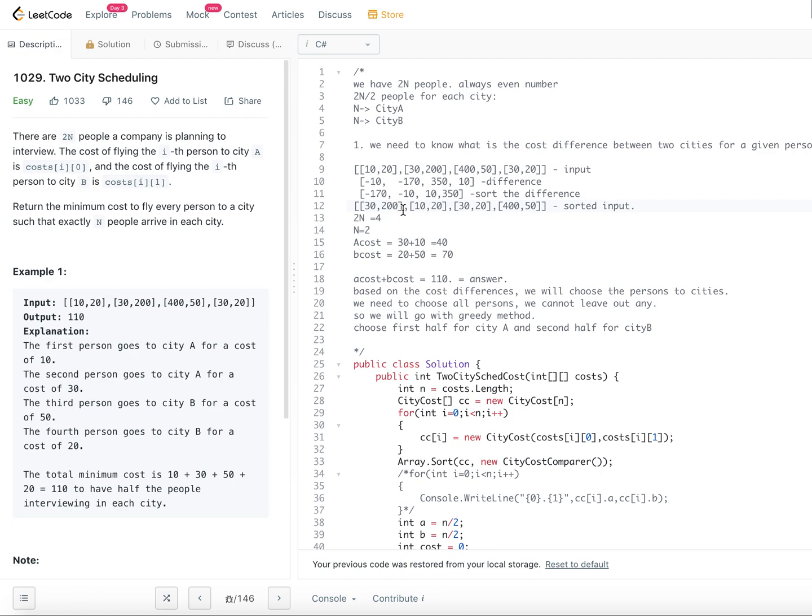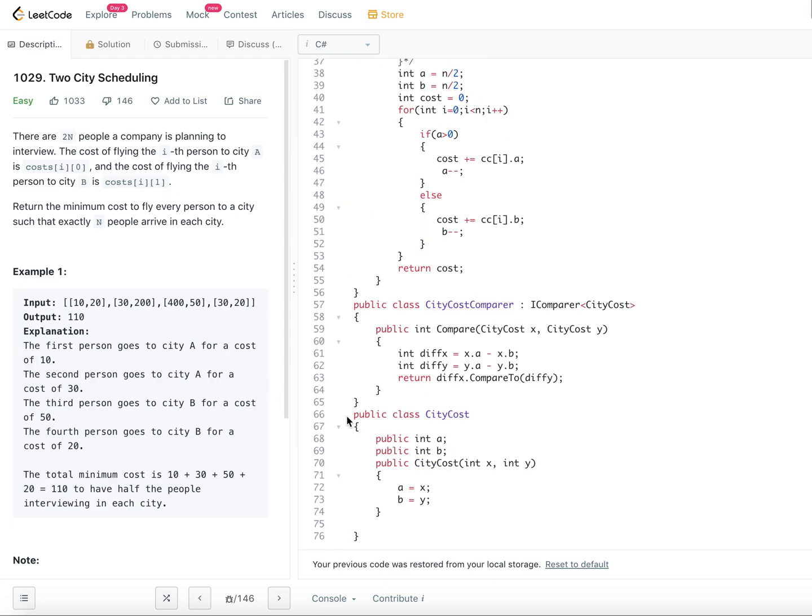In order to put these two things into an object, I have a placeholder class. Let's go ahead and look at the placeholder first, then we will look at the other one. I have the placeholder class which I am calling city cost, with A cost and B cost because those are the costs.